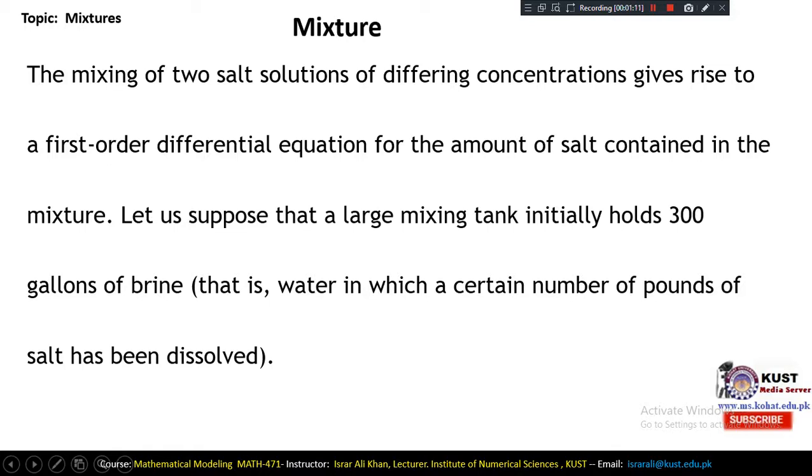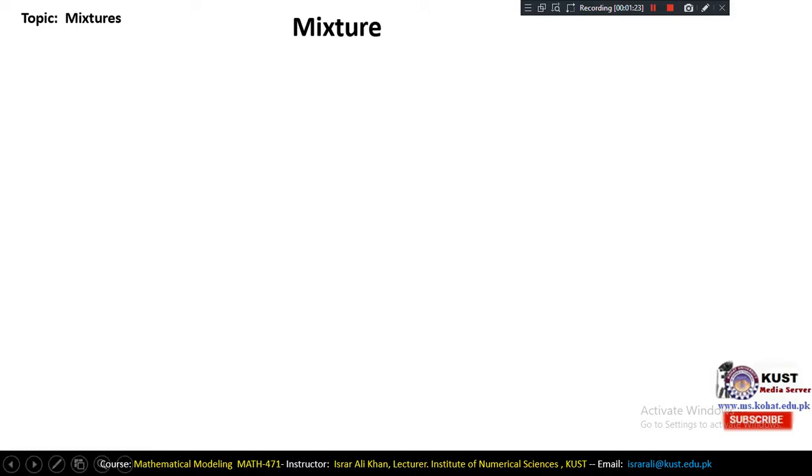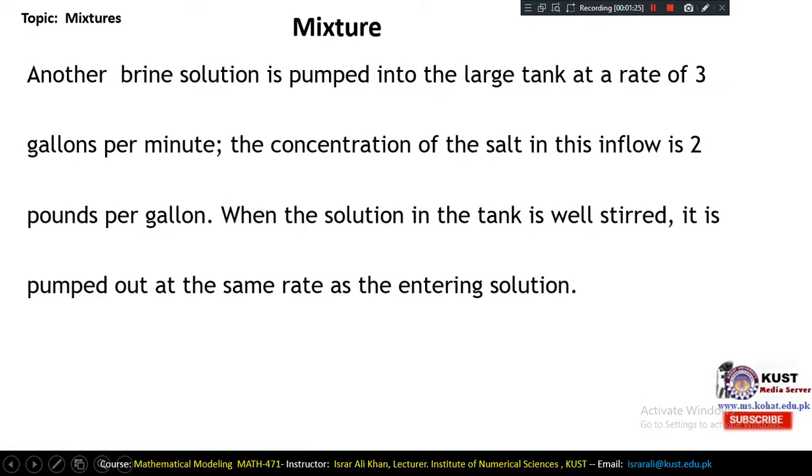Suppose initially we have a large tank which already has 300 gallons of brine. Suppose another brine solution is pumped into that tank at a rate of 3 gallons per minute.